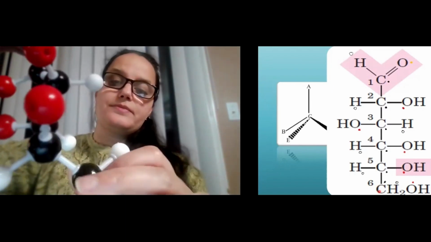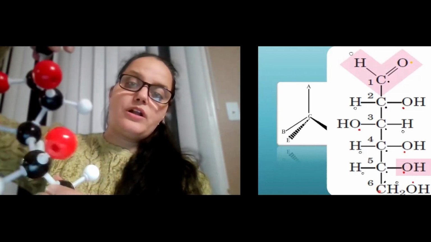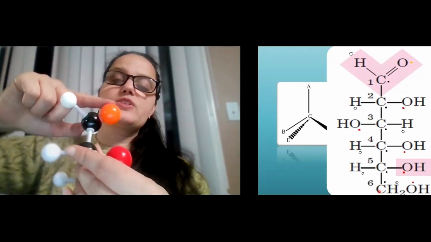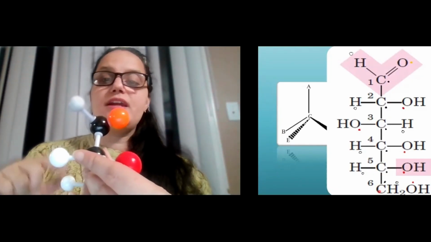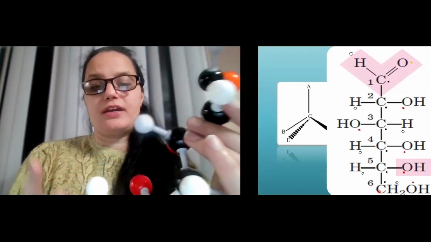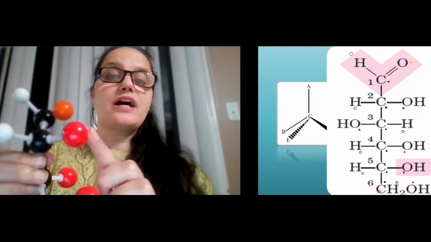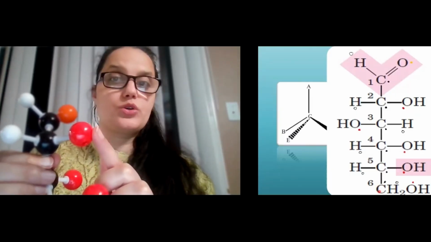So all these black colored balls are the carbons. This orange colored ball over here is representing our oxygen. All the white balls over here are representing the hydrogens, and all the red balls are representing the OH groups.